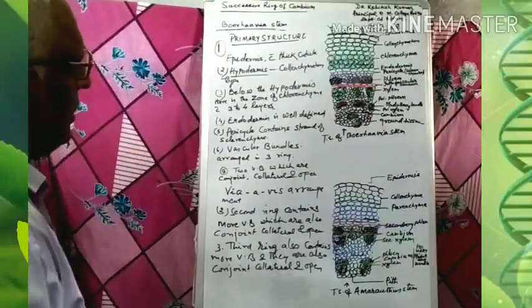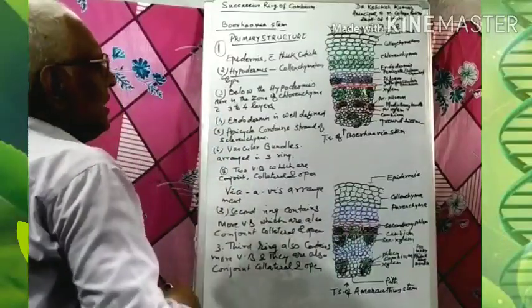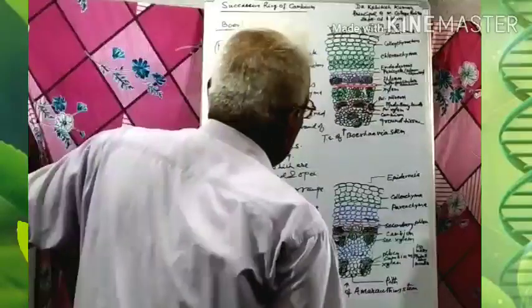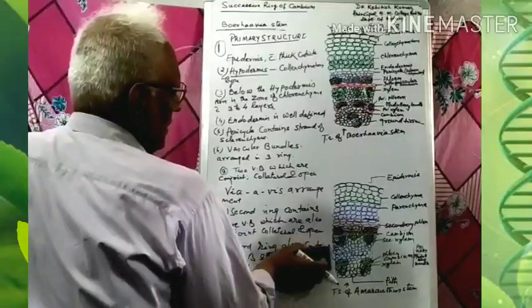So it is called the successive ring of cambium. It is also anomalous secondary growth and non-adaptive in nature. Now see what happens after the secondary growth.